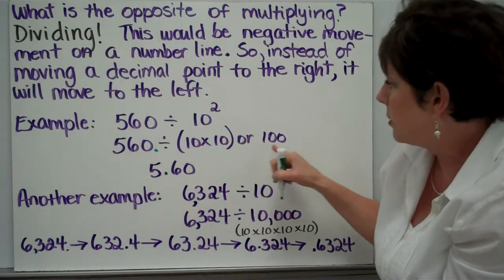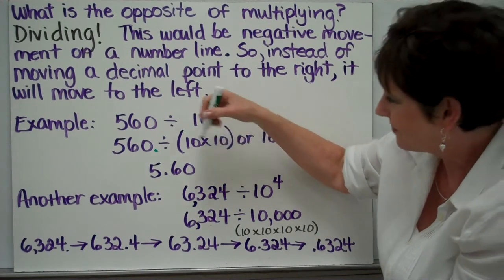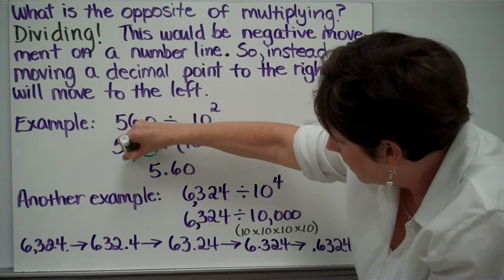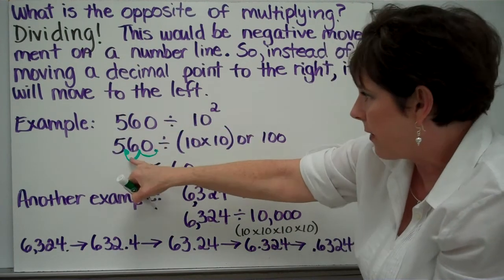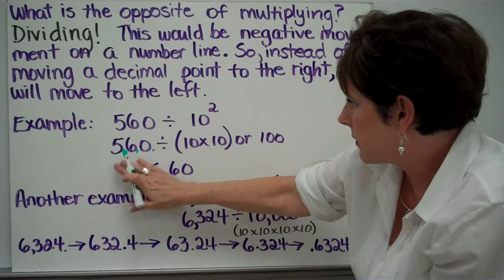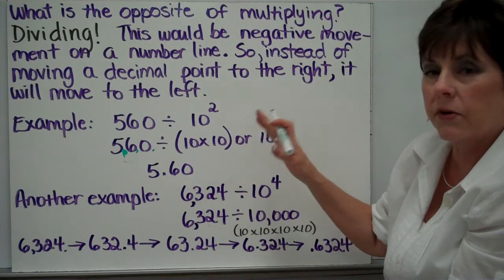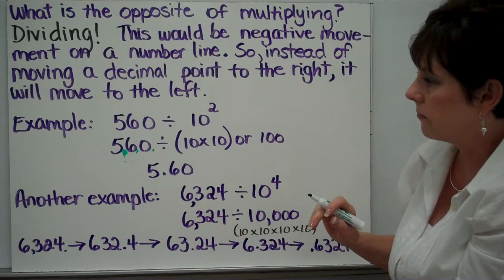Move it back two place values, 1, 2. And the way it would look is like this: 5 and either 6/10 or 60/100.